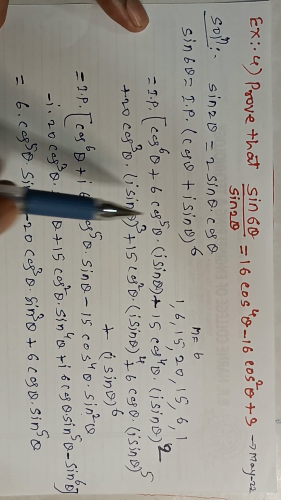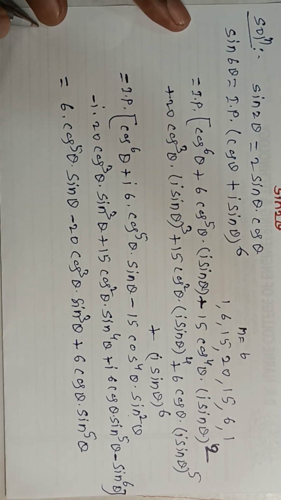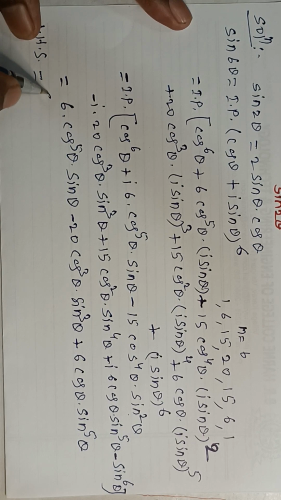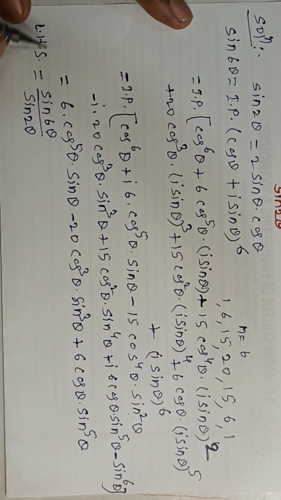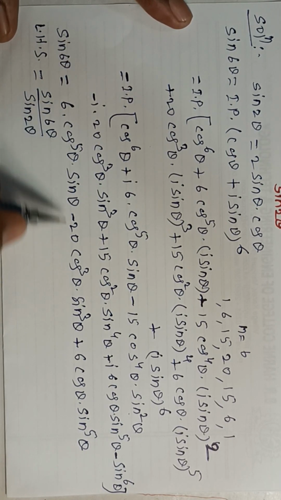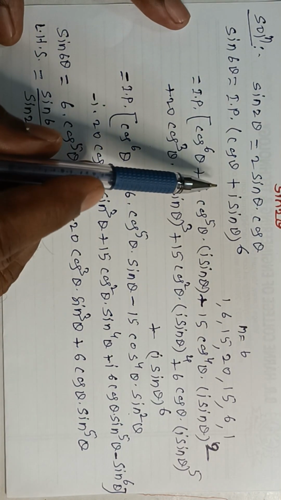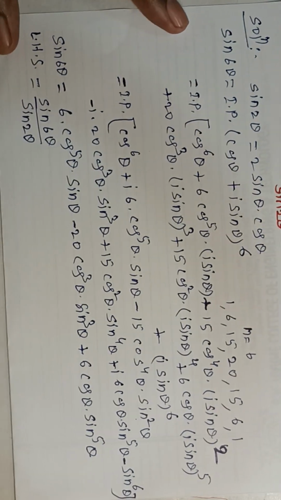Let us take LHS now. Hence LHS is equal to sin 6 theta divided by sin 2 theta. But this is sin 6 theta. Divide each term of sin 6 theta by 2 sin theta cos theta.